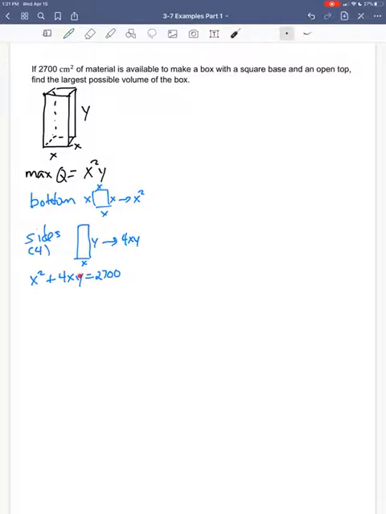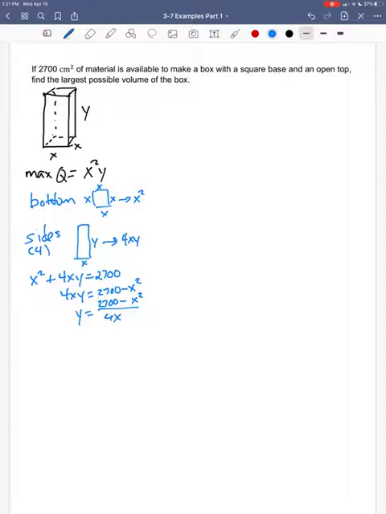Since it's just y to the first power, it's going to be easier solving for y than trying to solve for x. So I'm going to try to get y by itself. So I'm going to subtract x squared, and then divide by 4x. So y will be 2,700 minus x squared all over 4x.